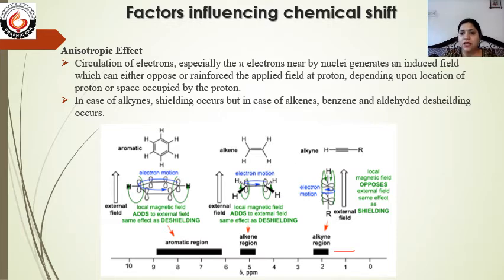In case of benzene and aldehyde, it will feel deshielding, because you can see here that the movement is in the center and the hydrogen is present outside, in both cases, benzene and aldehyde. So in benzene and aldehyde, deshielding occurs, whereas in alkyne, shielding occurs.